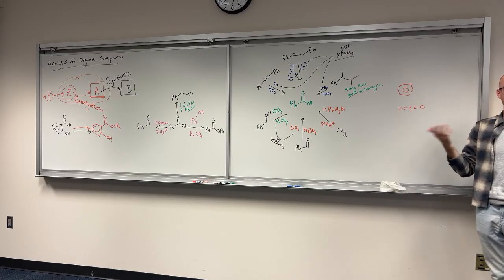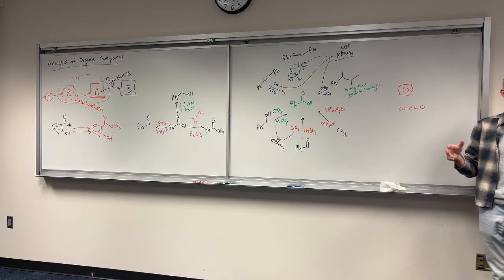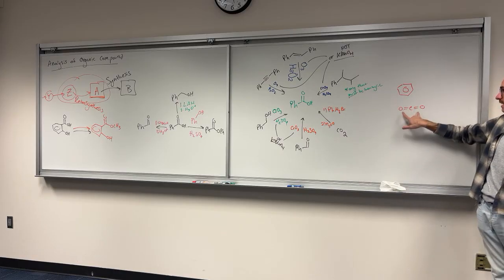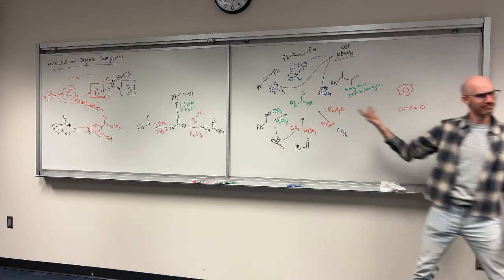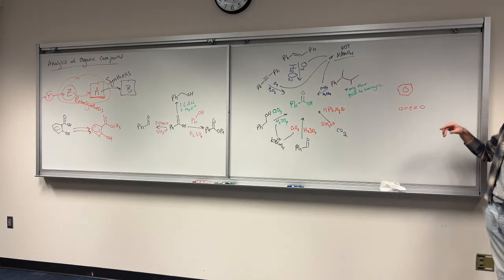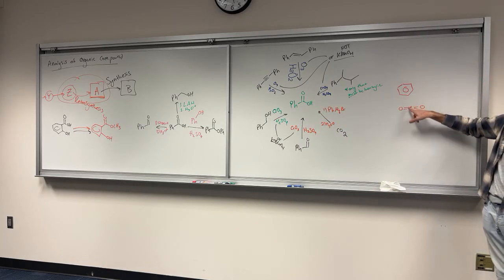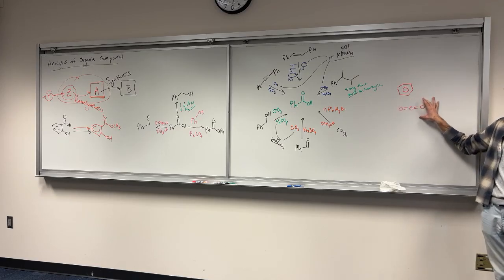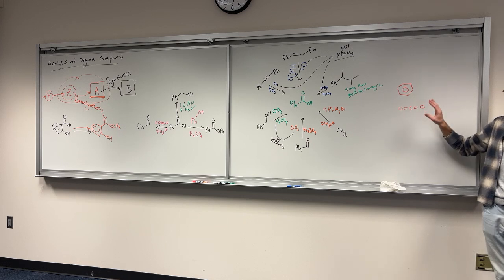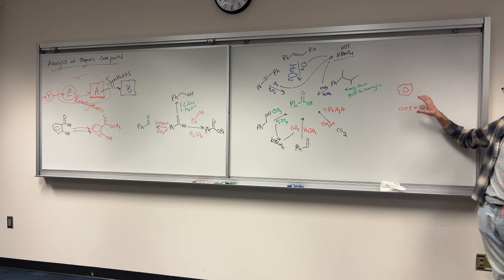This is essentially acyl addition. I'm doing an acyl addition to a dicarbonyl, which will leave me with a monocarbonyl, if you will. So what kind of reagents do I have? Carbon dioxide, nucleophilic or electrophilic? Well, let's talk about the carbon, because I want to make a carbon-carbon bond.